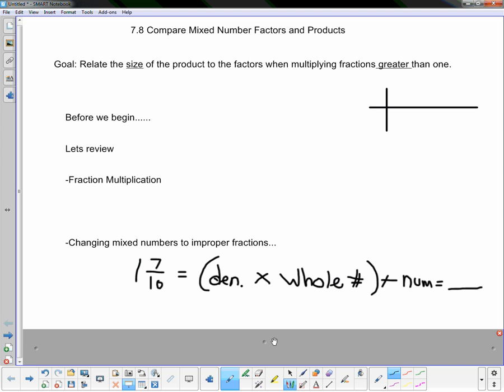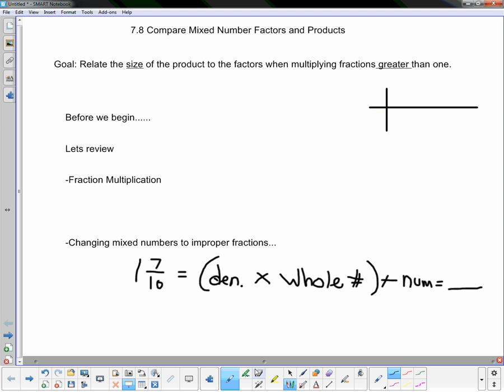So let's see if you can get this a little bit. Denominator, which is 10, times the whole number, which is 1, plus 7, which is my numerator, equals the numerator. So 10 times 1 is 10, plus 7 is 17, over the denominator, which stays the same.